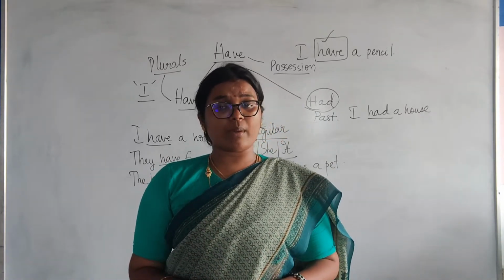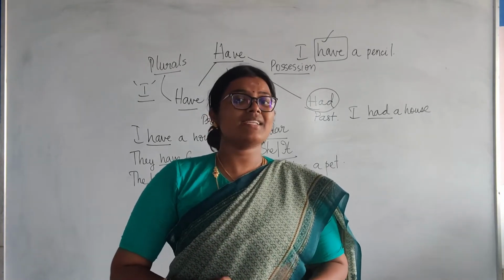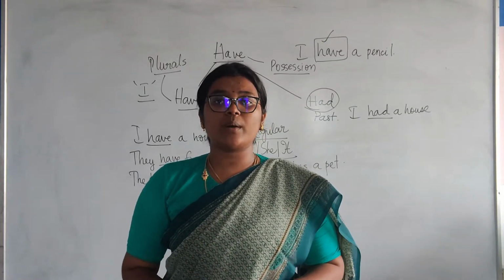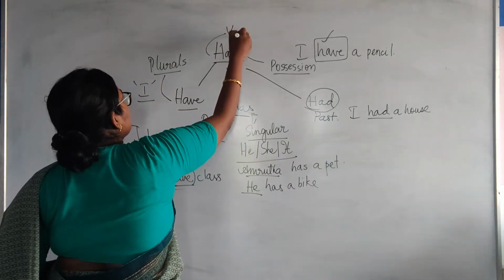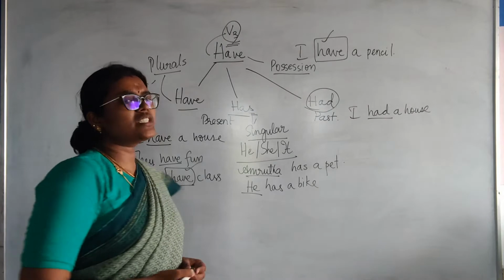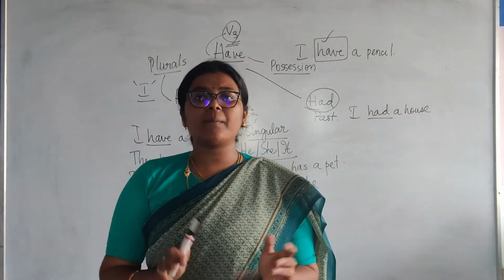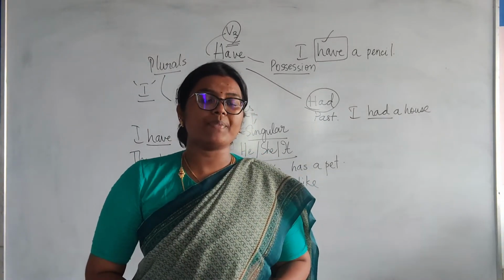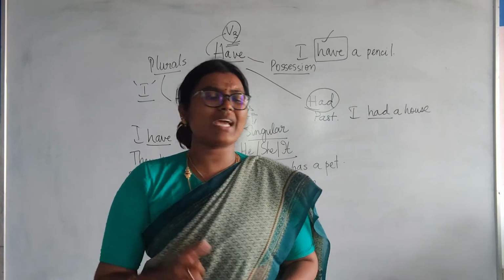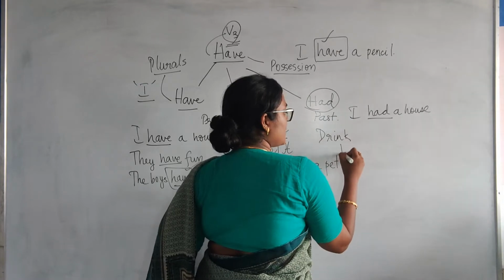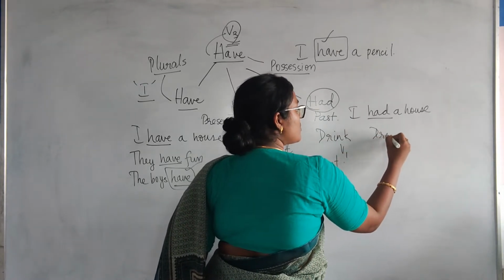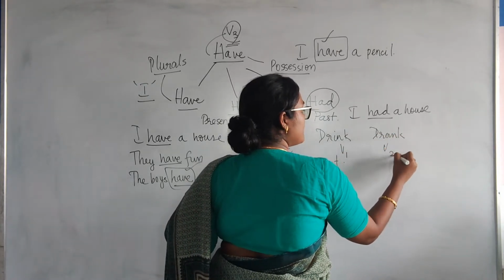One more thing that you should remember with regard to have form verbs is that we always use have form verbs with V3. Have is always used with V3. Now, what is V3? V3 actually means the past participle form of the verb. Now, let's pick an example. When I say drink, drink is the V1 verb. Drank is the V2 verb.